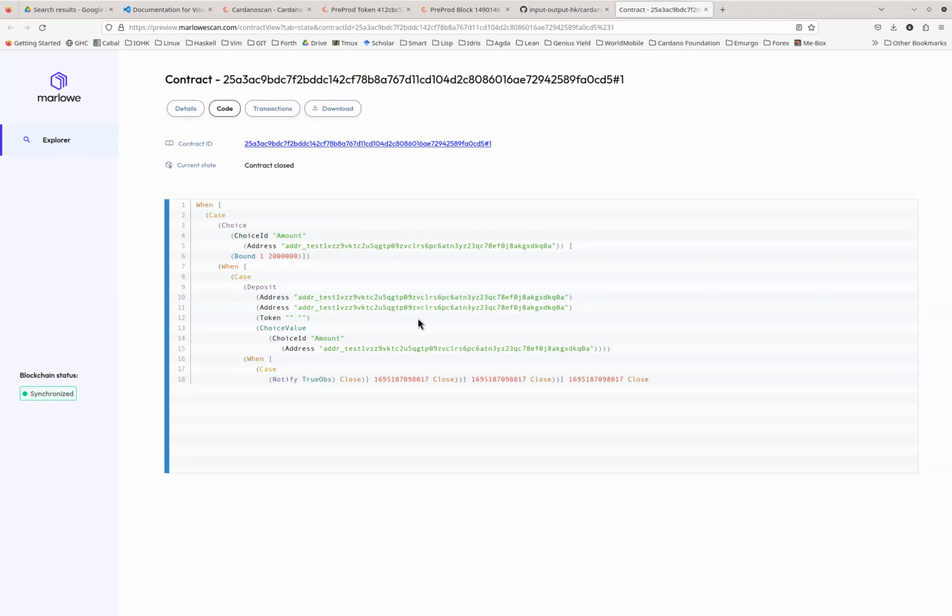In that case, what would you need to save in the datums? The state. Do you need each UTXO to have its own view of the world with its own parameters, or can you just have an external agent interact with these contracts? Because in that case, you don't need to save the state of the world in each datum.